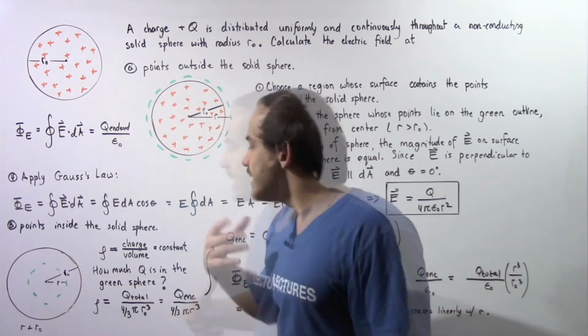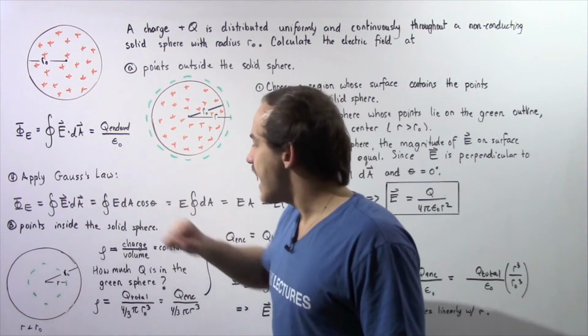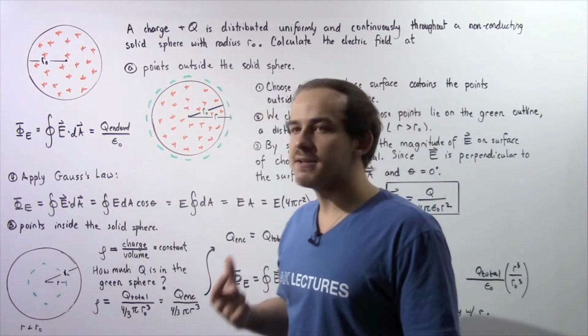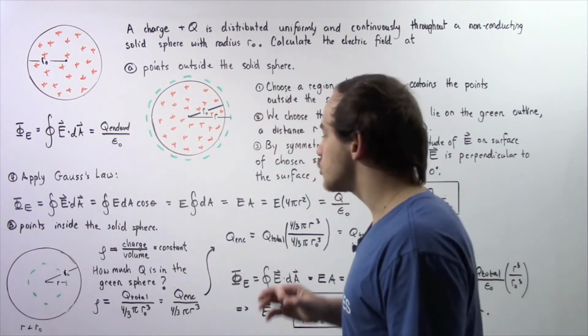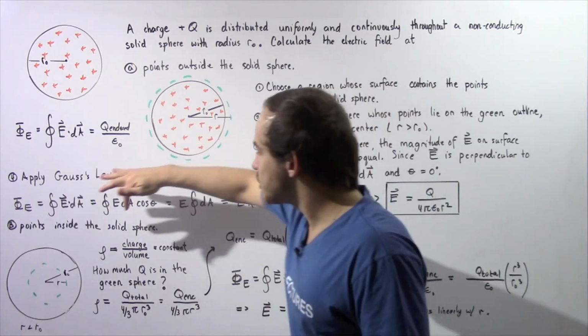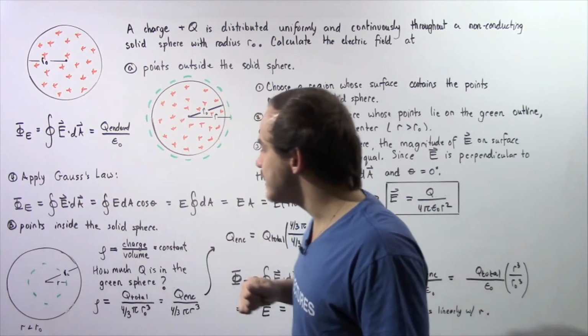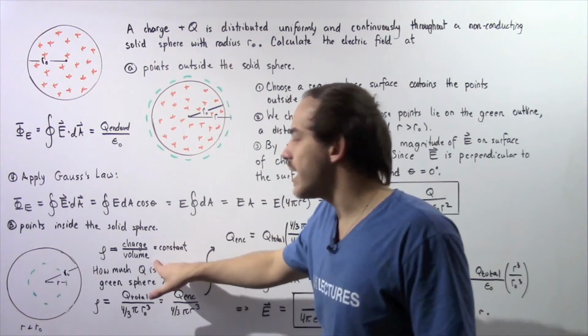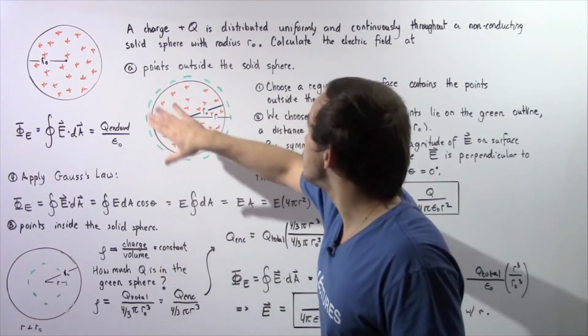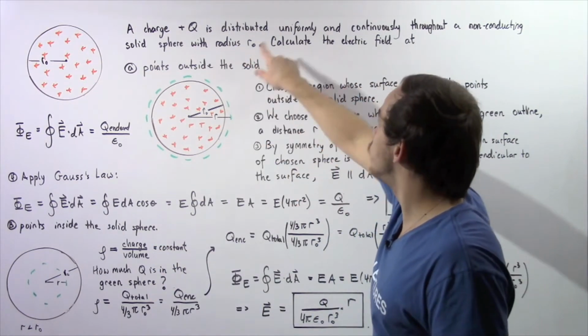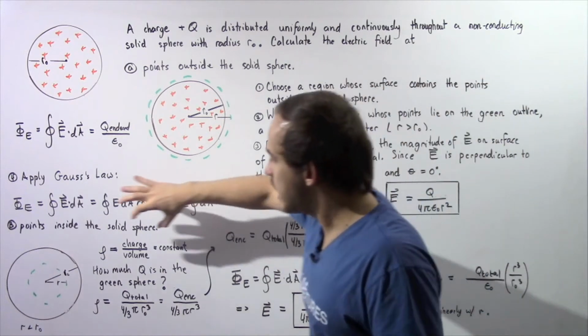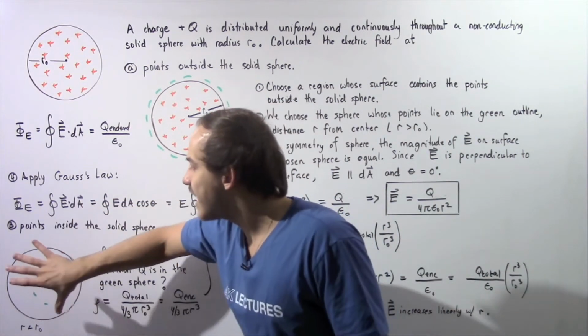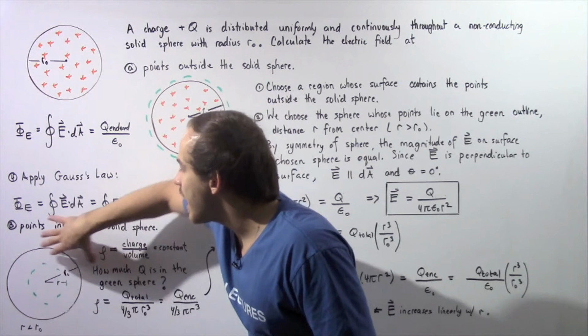Now, before we actually apply Gauss's law, we have to define something called the charge density. The charge density, given by rho, is equal to the charge divided by the volume. And because our charge is distributed uniformly and continuously, this charge density is constant throughout the entire region.